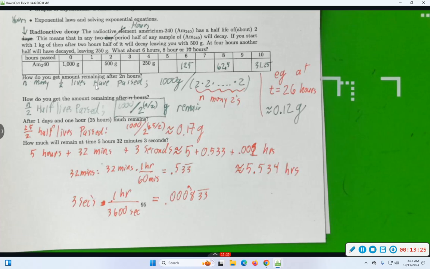If that many hours have passed, how many half-lives have passed? How do you get the number of half-lives that have passed? About 2.5 half-lives, because every 1 hour is half a half-life. So divide that by 2 to get the number of half-lives.